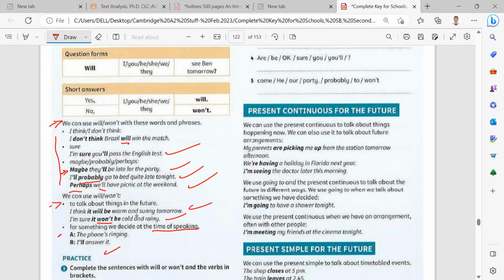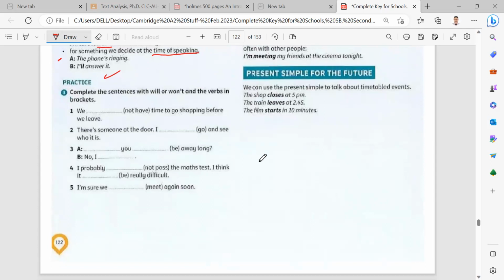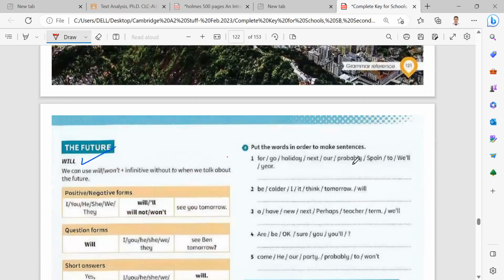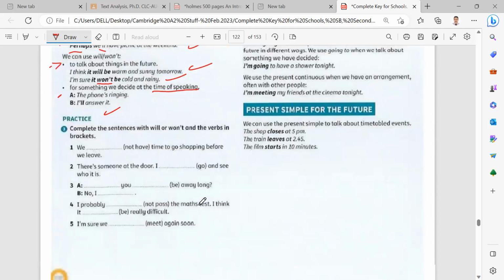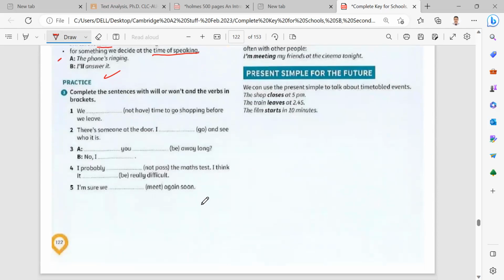Clear, Sarah? Yes. طيب. Here we have some questions about will. طيب ناخذ هنا تدريب سريع وبعدين نروح على present continuous. Okay? The first one. Use will or won't plus verb in brackets.